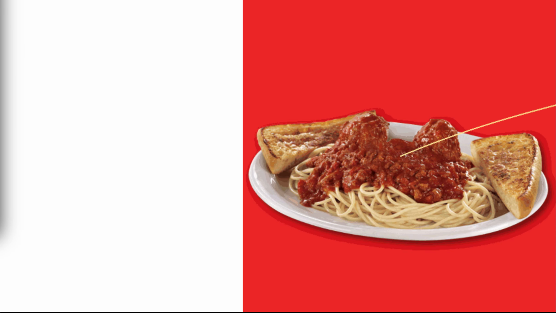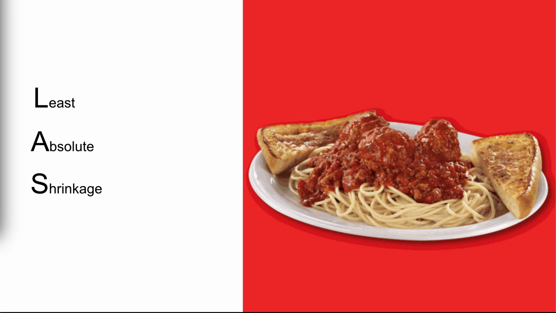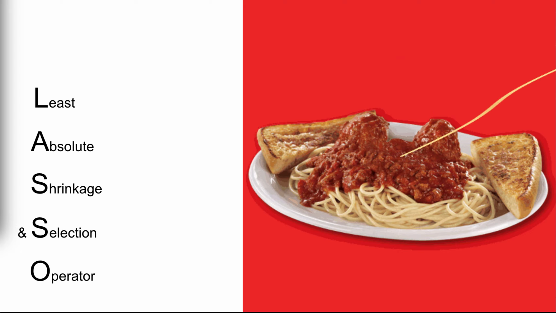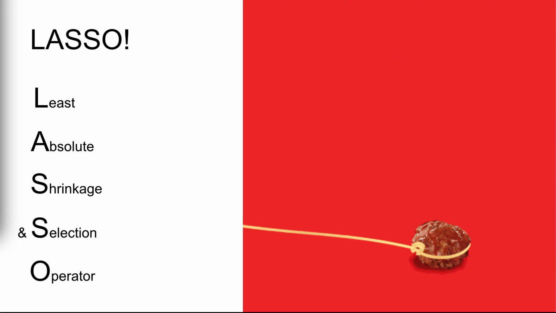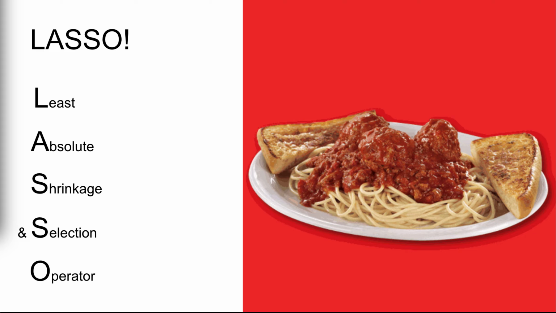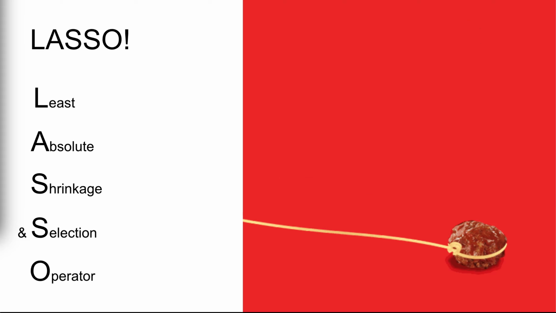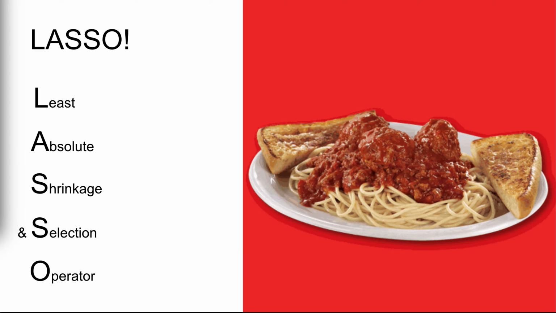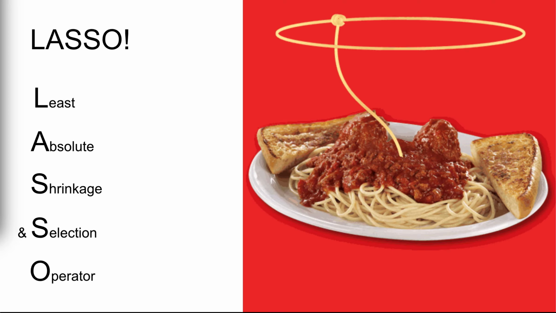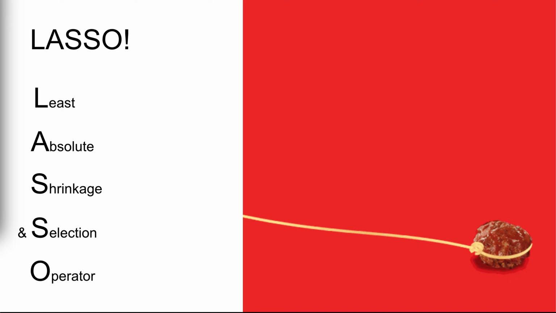In cases where we're working with lots of predictors, the least absolute shrinkage and selection operator, or LASSO algorithm, provides an attractive alternative. Conceptually, just as the spaghetti noodle here is reining in a runaway meatball, the machine learning LASSO technique reins in runaway coefficients.